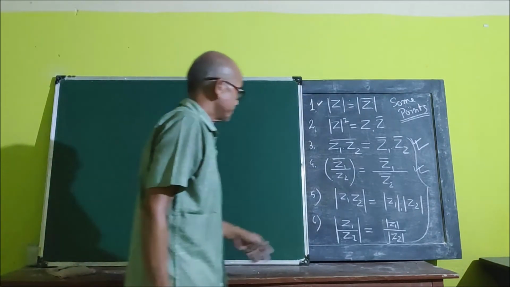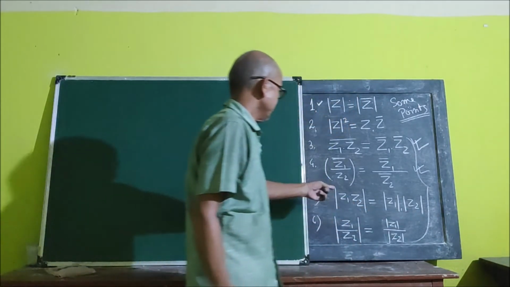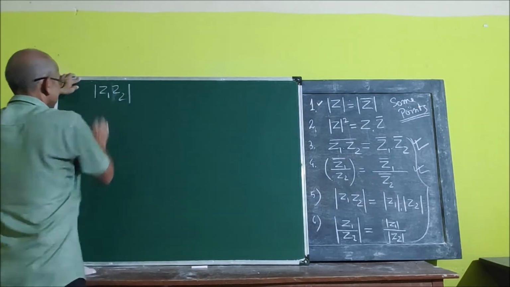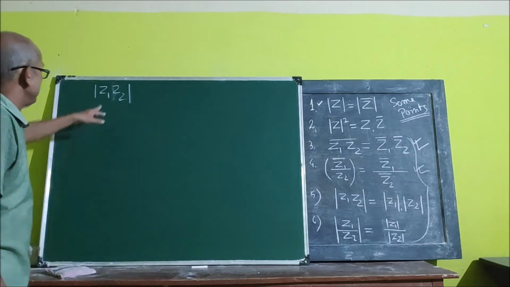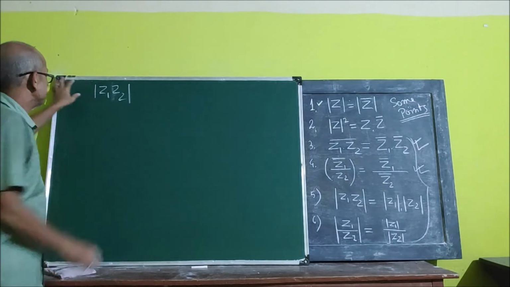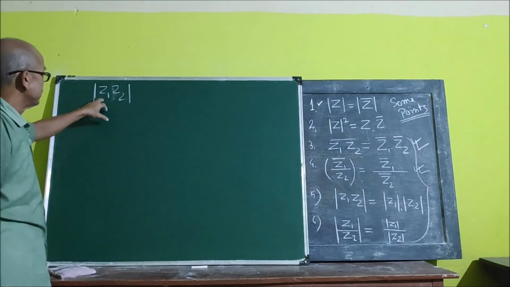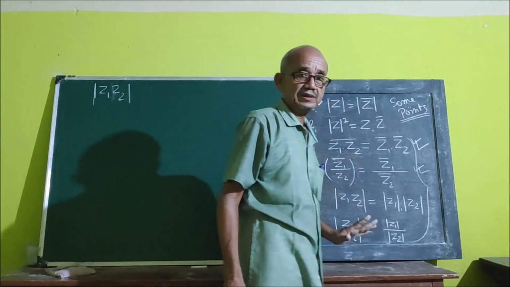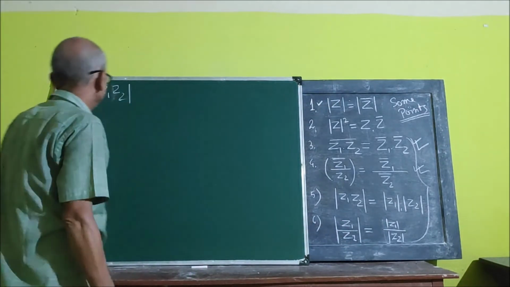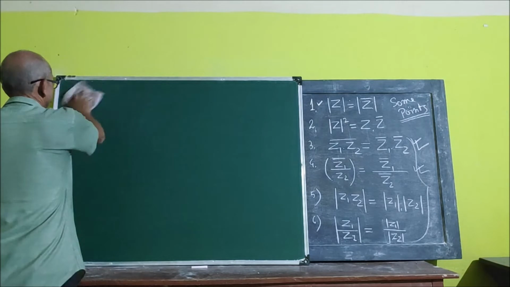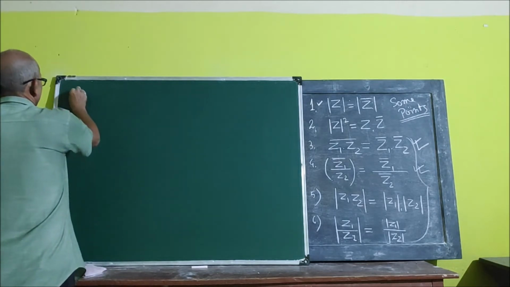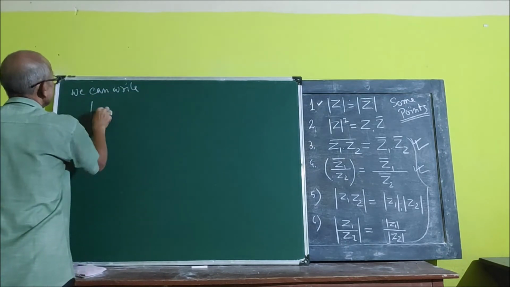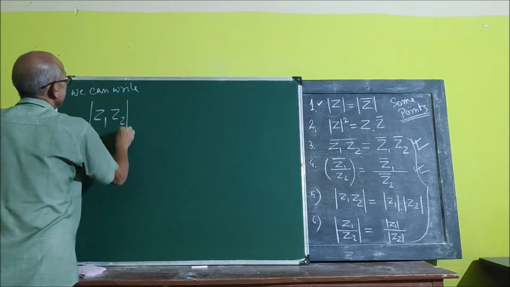Point 5: the modulus of the product of two complex numbers is equal to the product of their moduli. We consider the whole square.